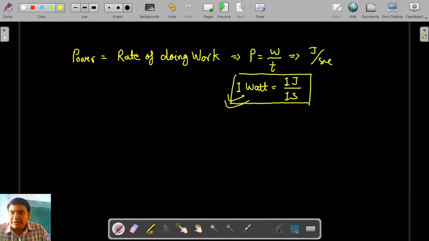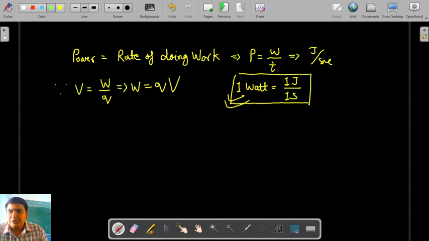Now we can use this formula in different ways also. As we know, electric potential is work done per unit charge. From here we get the work done, W equals Q times V. We can replace this value of W in this equation.